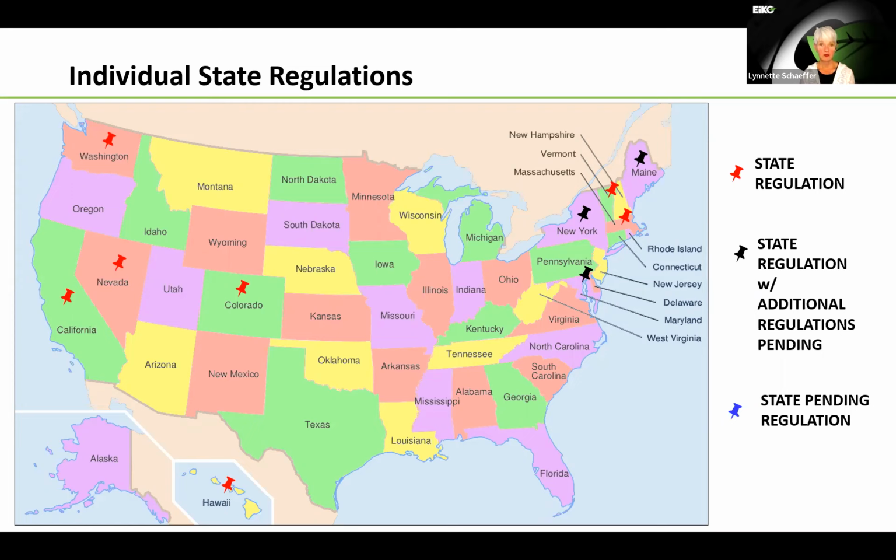Those with pending regulations, meaning there's nothing enforced right now, nothing additional, I should say, versus what the DOE has. Of course, the DOE applies to all the states, but there are some other pending regulations for some other states, which are New Jersey, Connecticut, Pennsylvania, North Carolina, Rhode Island, and Oregon.